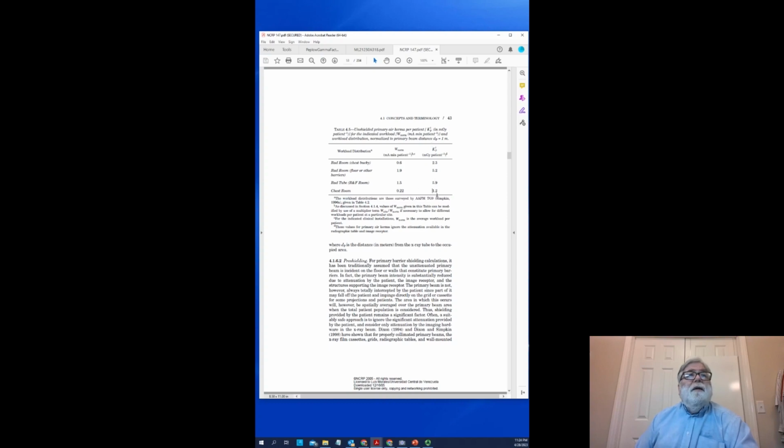So the K1P for chest room is 1.2. So that's, the P was 0.02, the T was 1, D was 3, D squared was 9.